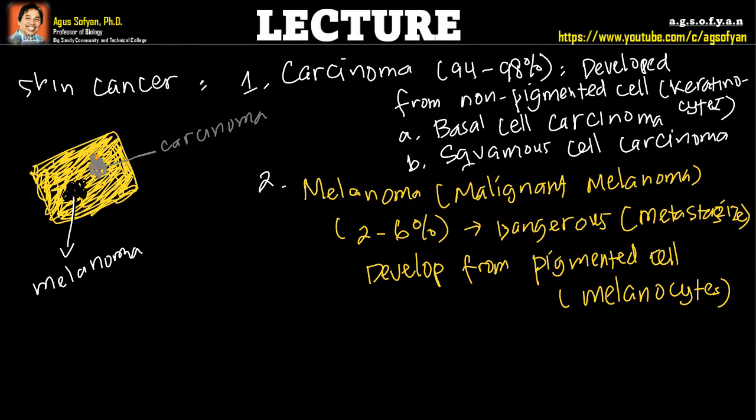And the last one that is very dangerous is called melanoma or malignant melanoma. This cancer arises from pigmented epidermal cells, which are the melanocytes. So that's all for the disorders: wounds, burns, and skin cancer.